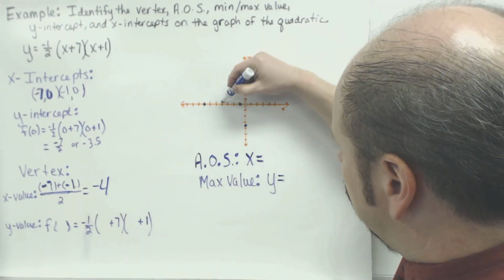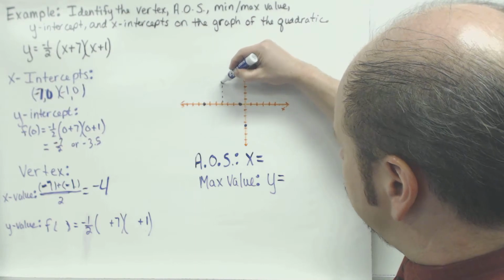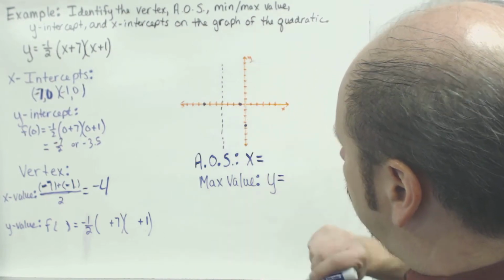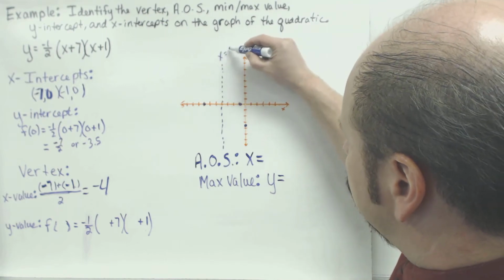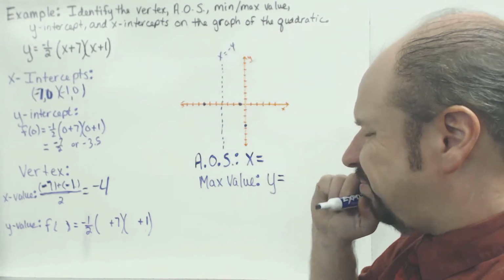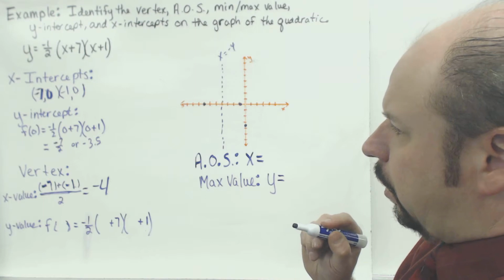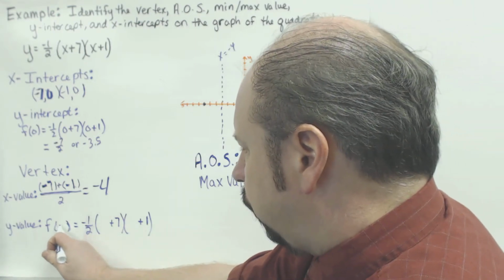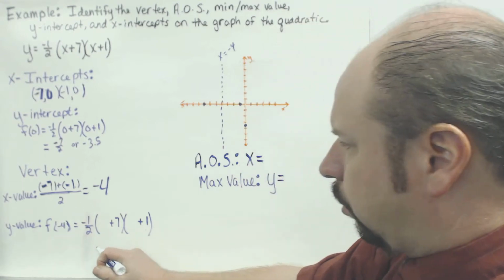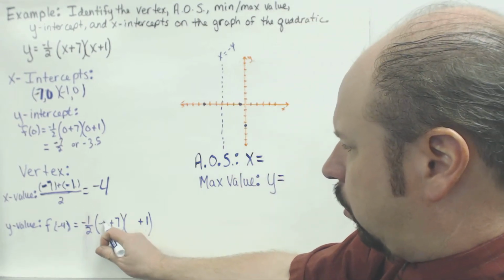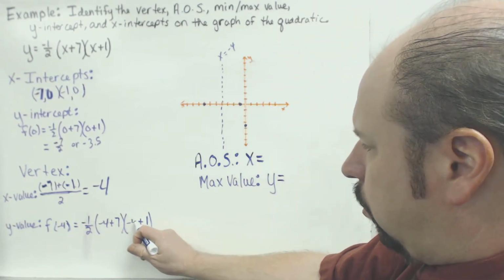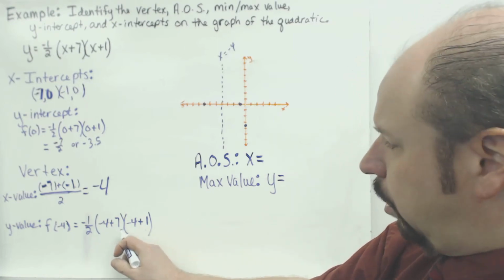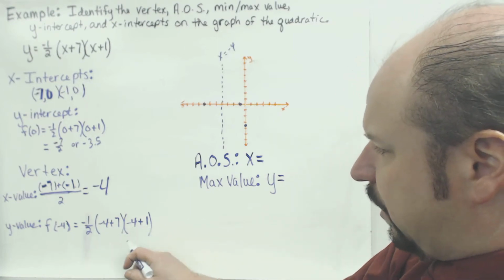Our axis of symmetry has to be here. X equals -4. Okay. And if we put in -4, so -4 plus 7 is 3, and -4 plus 1 is -3.